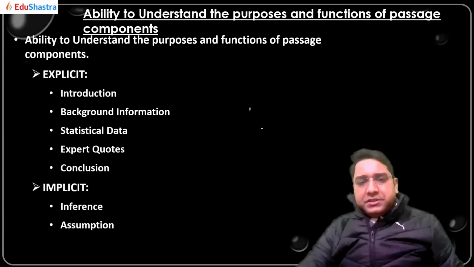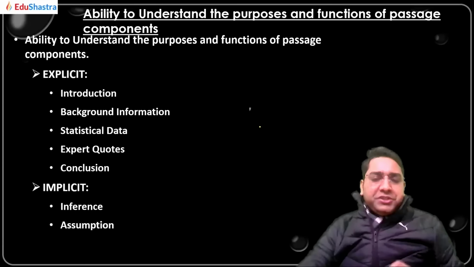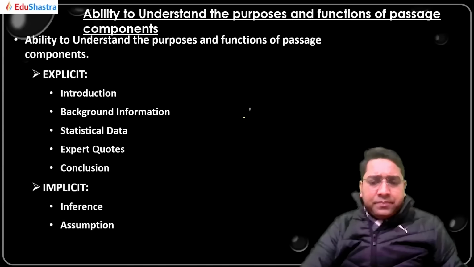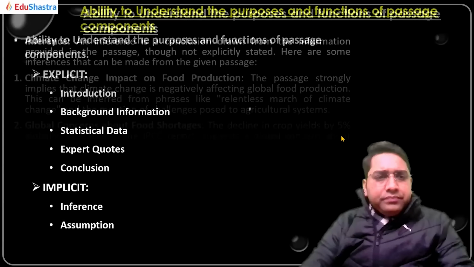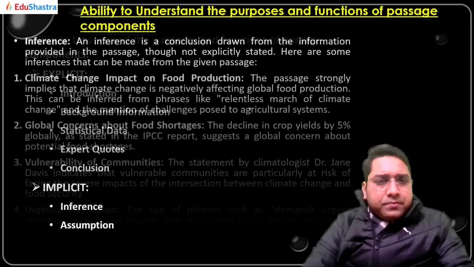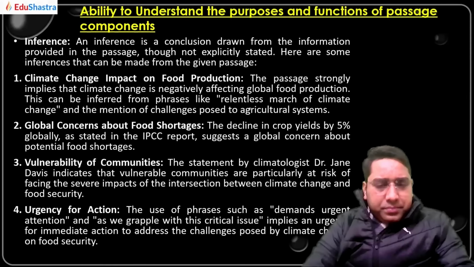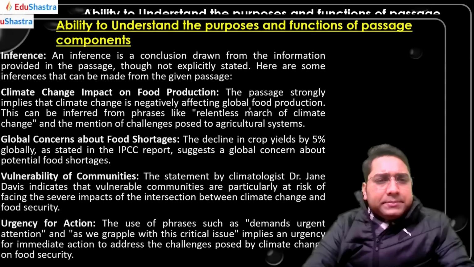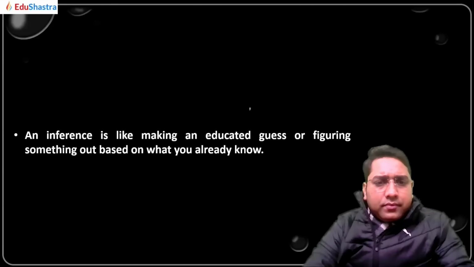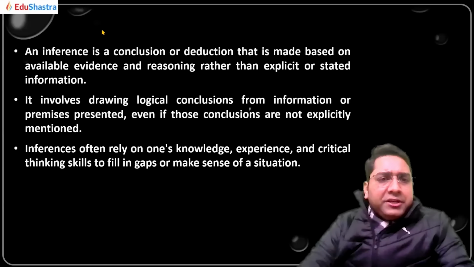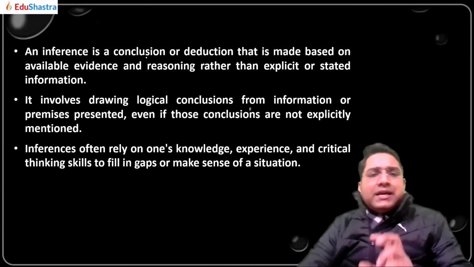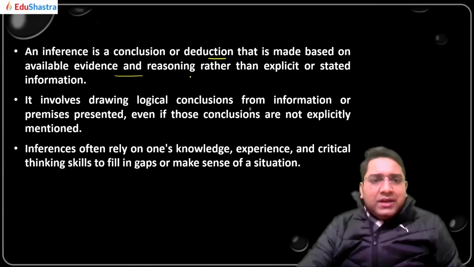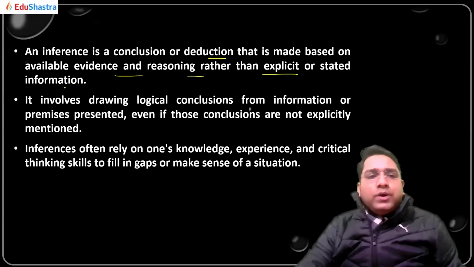I have two definitions. One, the typical bookish language definition. An inference is a conclusion or deduction that is made based on available evidence and reasoning rather than explicit or stated information.